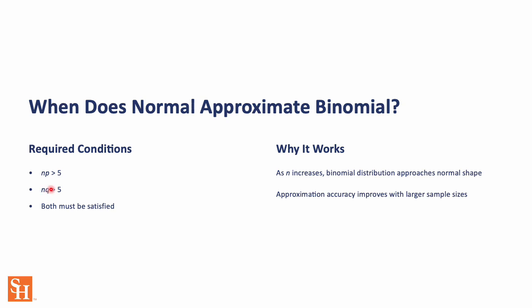And n times q also has to be greater than 5. So if both of them are satisfied, then we can use the normal approximation for the binomial distribution, right?